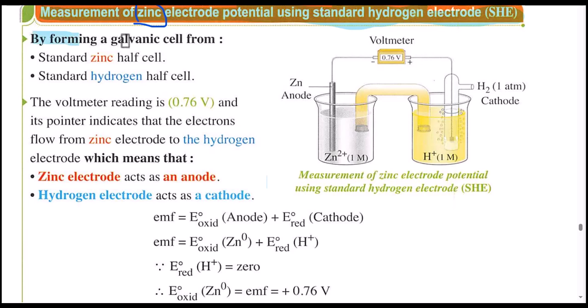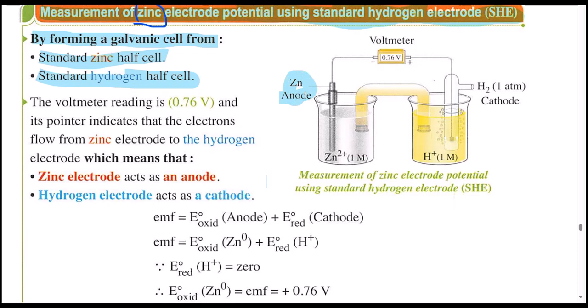By forming the galvanic cell from a standard zinc half cell and a standard hydrogen half cell. So, what is the standard zinc half cell?